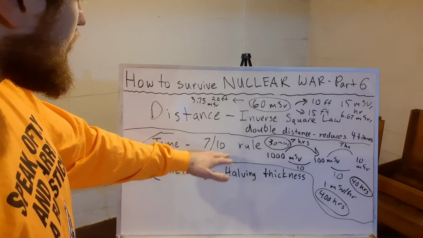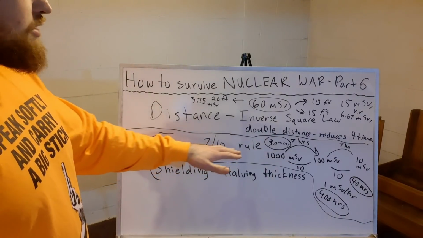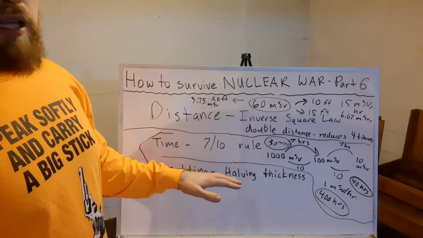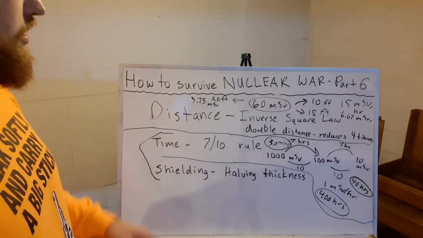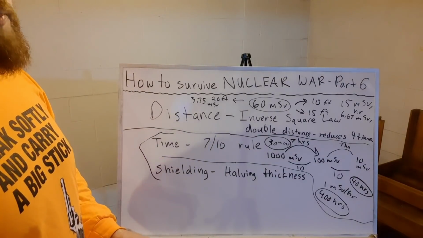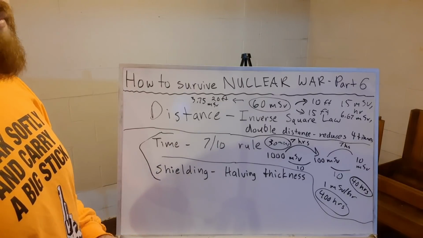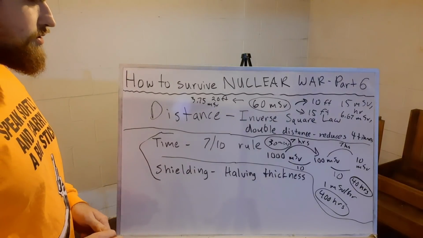It applies to fallout only, okay? Just remember that. So that's why for fallout, we can survive the fallout. We can survive a nuclear war. We can survive nuclear attacks, okay? But nuclear power plant meltdowns are totally different, and nuclear power plant meltdowns are much worse than nuclear weapons, okay?